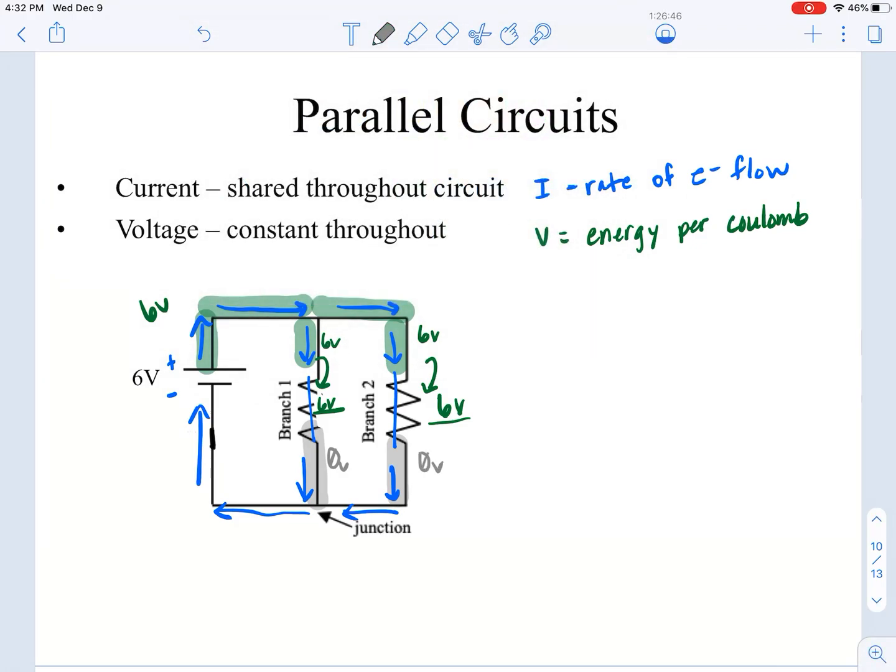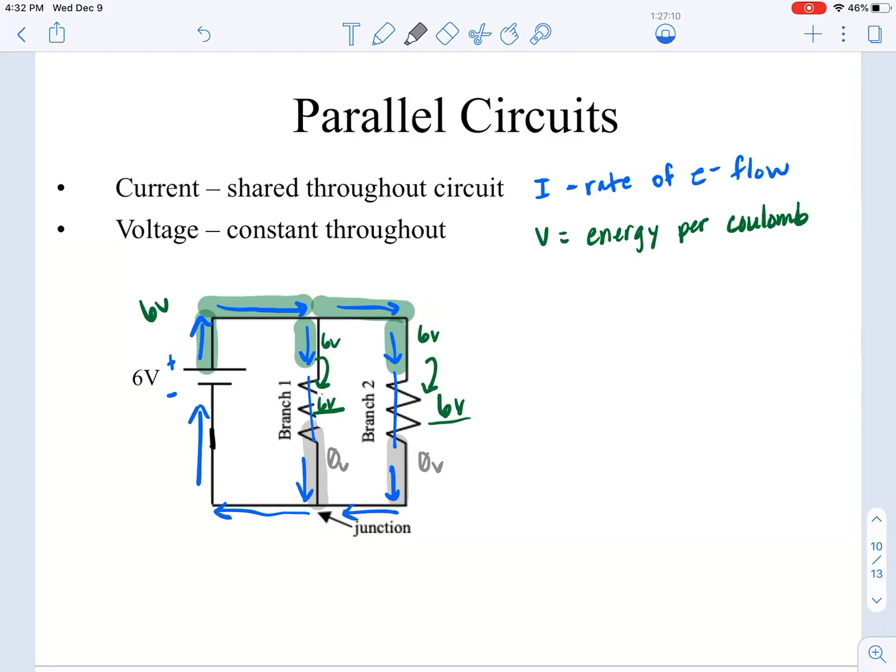So when we say that the voltage is constant throughout, because we are looking at very basic parallel circuits where there's only one resistor on each branch, in that particular case, all of the voltage is delivered to that one device, and so all devices will receive the full voltage available from that voltage source.